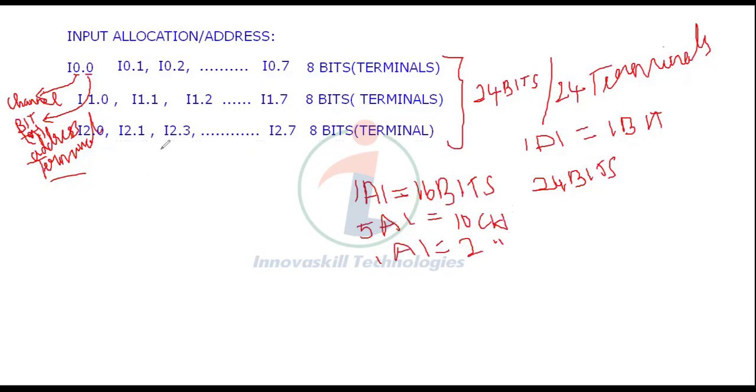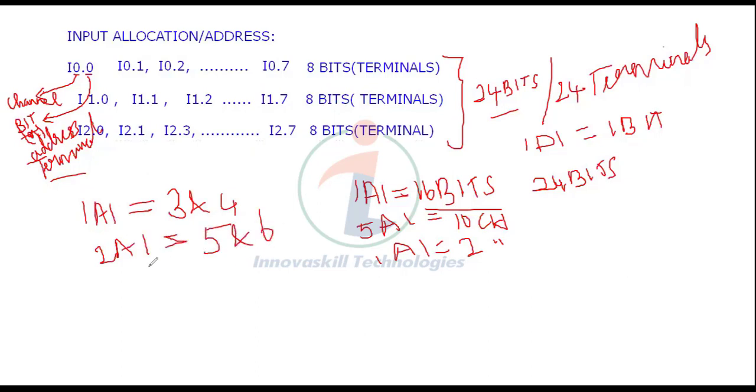From which channel will it be allocated? It should be allocated from the next channel, because channels 0, 1 and 2 are already assigned for digital. So from the third channel we can assign for analog. Since it takes 16 bits, two channels are assigned for one analog input. The first analog input needs channel number 3 and channel number 4. The second analog input needs channel number 5 and channel number 6.